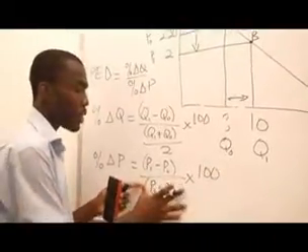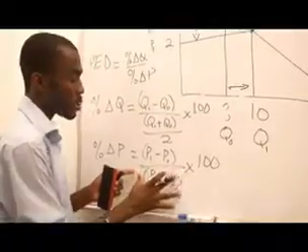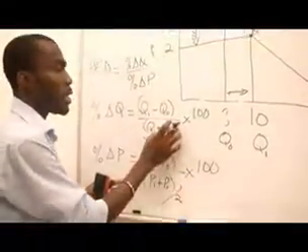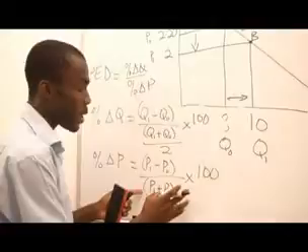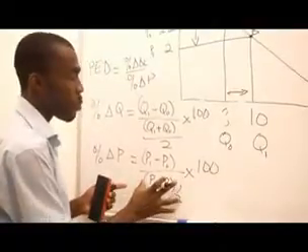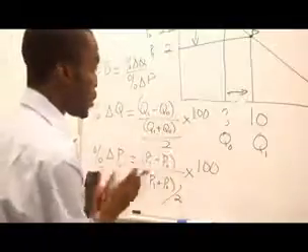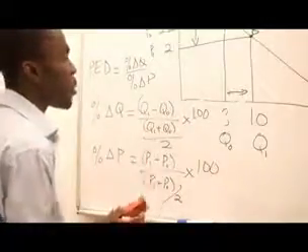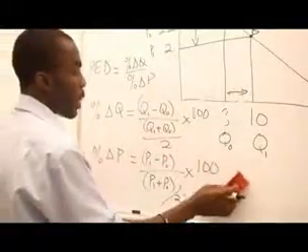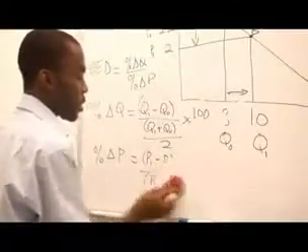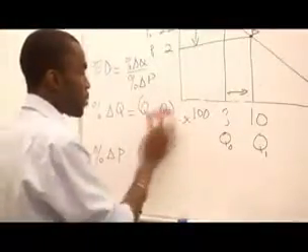So that now you see that the denominator is no longer the initial price and the initial quantity, but it is now the average of the prices and the average of the quantities. So let's use this midpoint formula to calculate our price elasticity of demand.